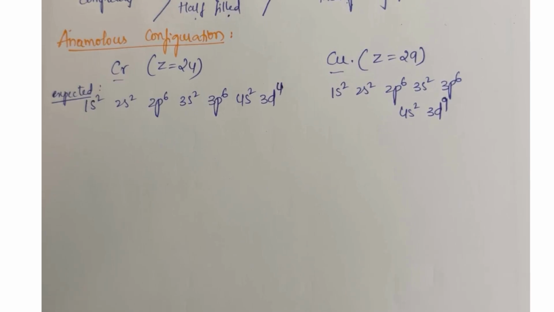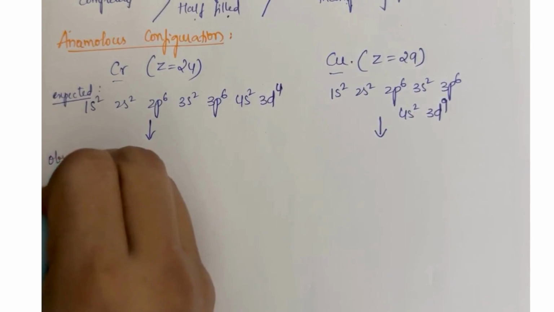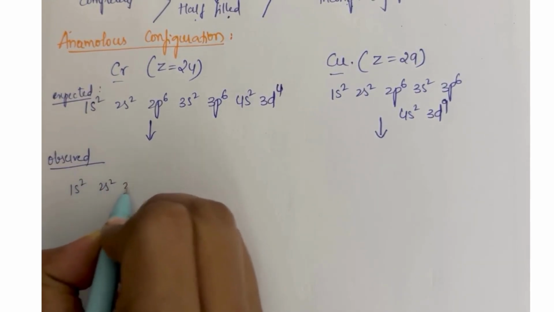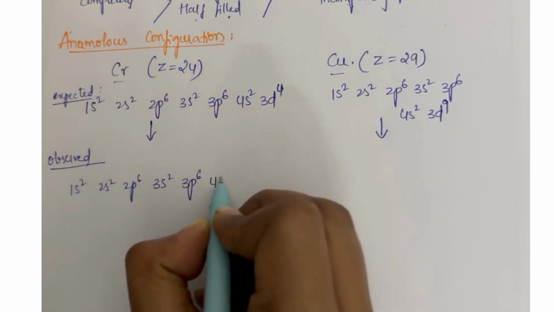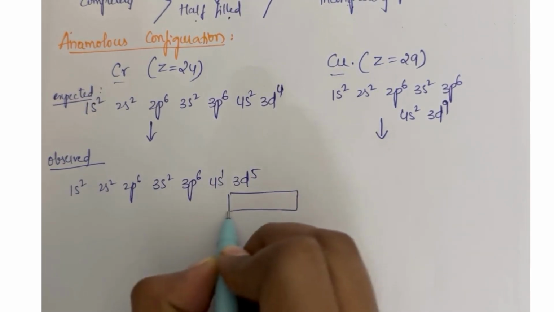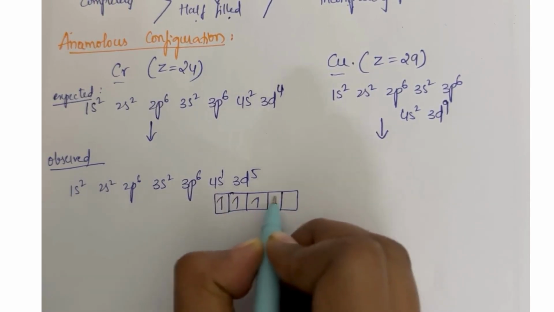But since half filled and completely filled configurations are very stable, the observed configuration for chromium is 1s2, 2s2, 2p6, 3s2, 3p6, 4s1, 3d5. So 3d5 has 5 unpaired electrons.